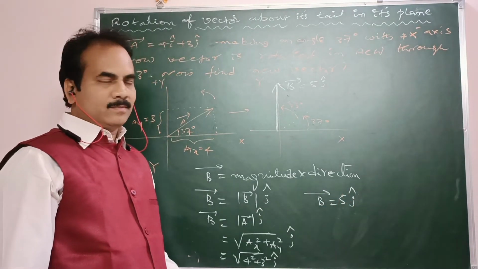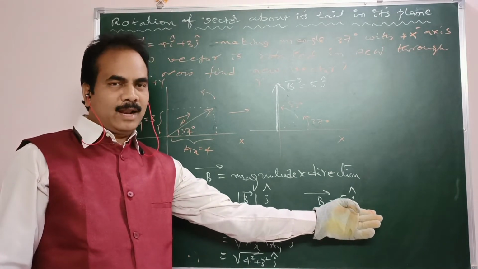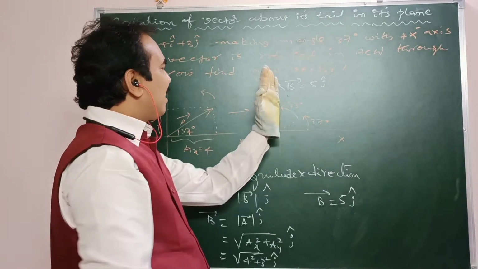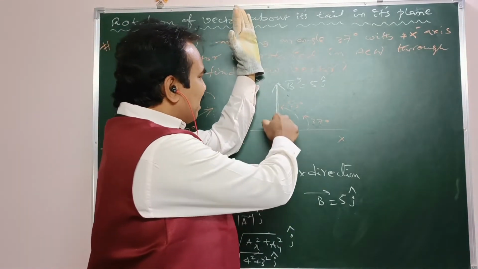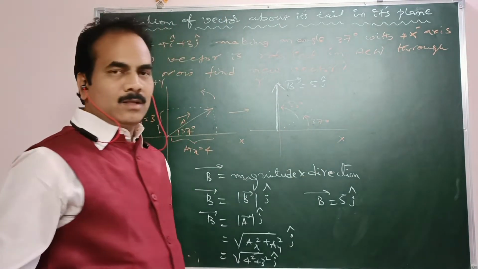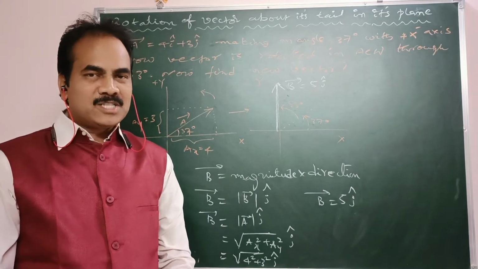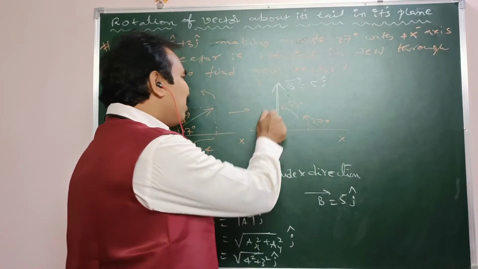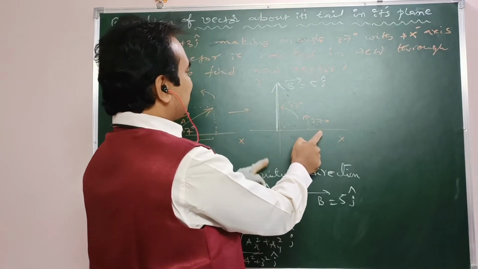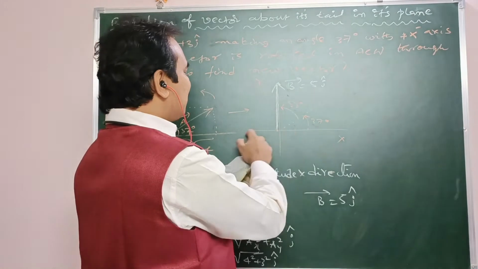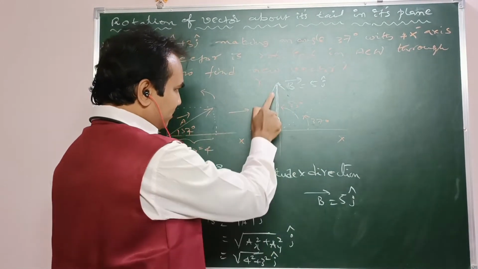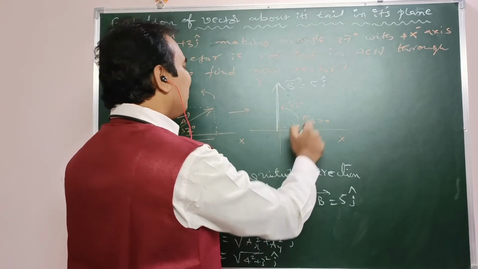The y coordinate. What about the x coordinate? 0. Why is it 0? Because the vector aligns with the positive y direction, perpendicular to the x direction, so the component along x is 0. No vector finds components perpendicular to itself. With respect to this new direction, the x-axis is at 90 degrees, so it has no component along x-axis.